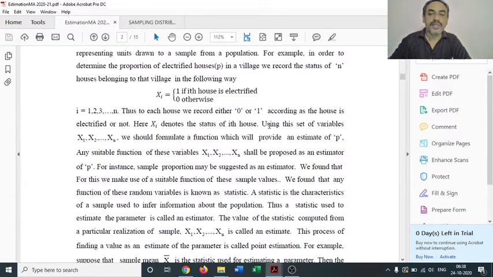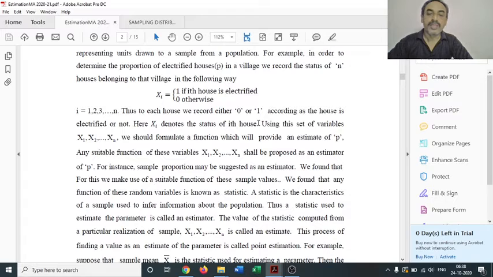Now, after our investigation, we have a set of variables representing the zeros and ones. But these variables cannot propose any value for the estimator. We should make use of a certain function of x1, x2, etc., xn. So as we found in the concept of point estimation, we will propose an estimator. This estimator is actually a function of x1, x2, etc., xn, or it is a statistic.